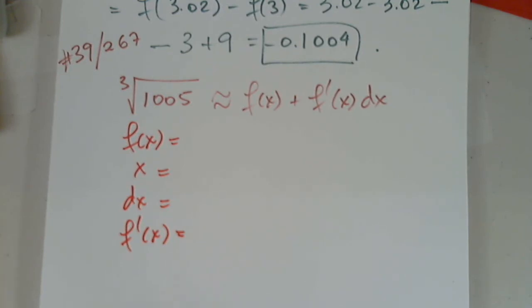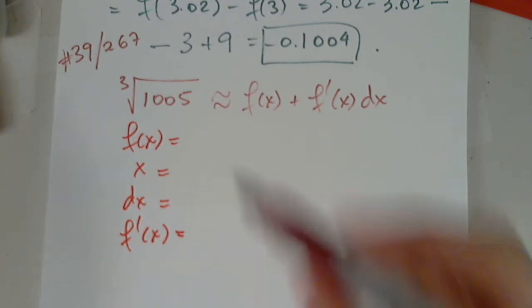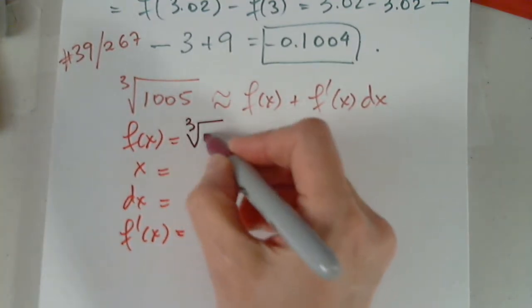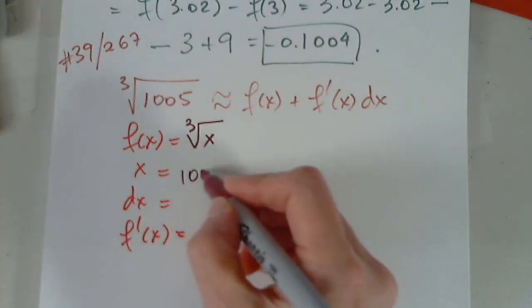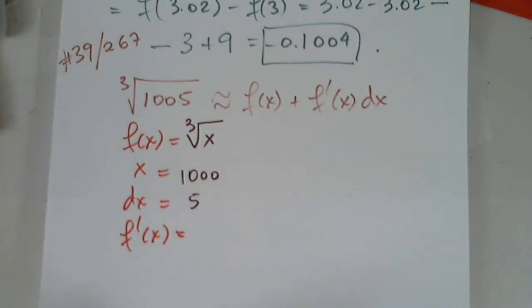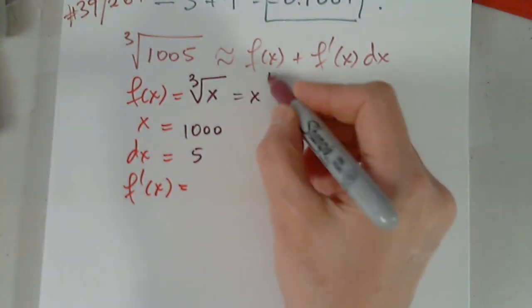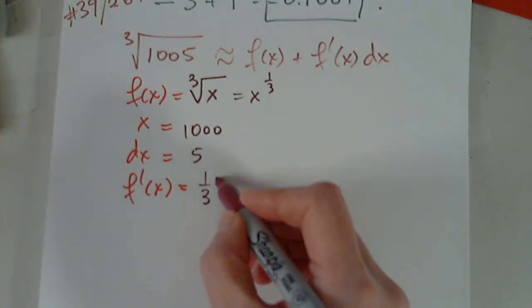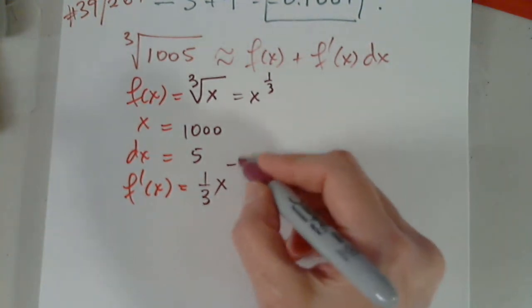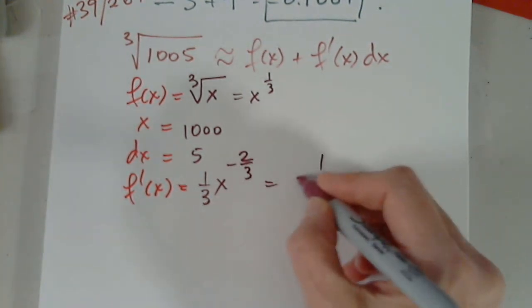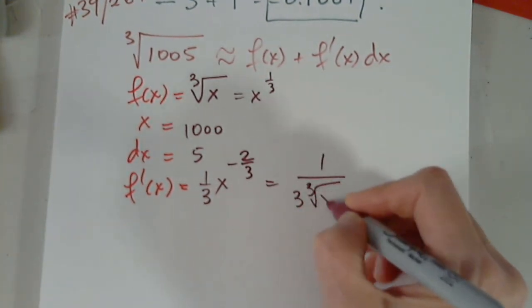I am. I'm trying to find the derivative. No, the function is the cube root of x. X is 1,000. dx is 5. So f prime will be, because this is x to 1 over 3, so it's 1 over 3, x to 1 over 3 minus 1, which is negative 2/3. So it's 1 over 3, the cube root of x squared.